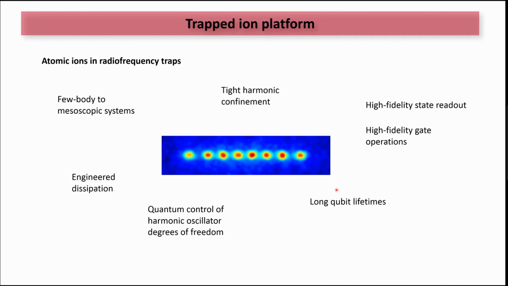Also, the qubit lifetimes are quite long, so T2 lifetimes of up to hours have been observed depending on the implementation. Then we also have quantum control of the harmonic oscillator degrees of freedom. I come to that later, and we can also add tailored dissipation or errors.